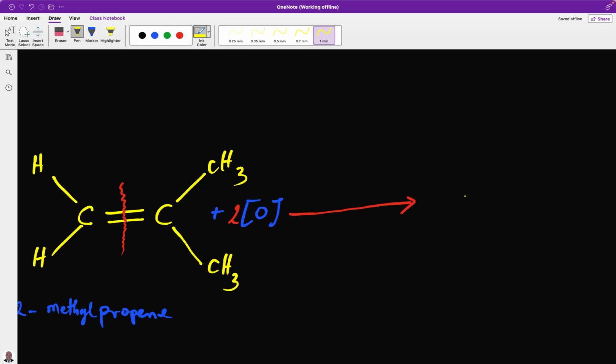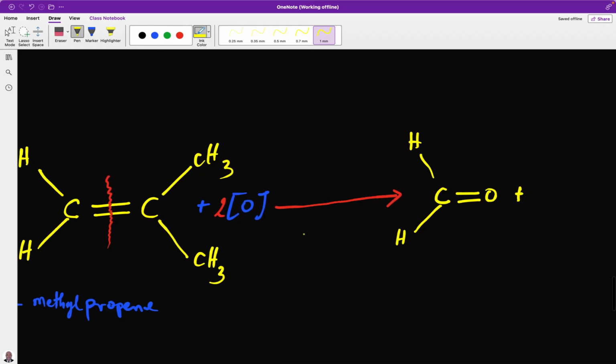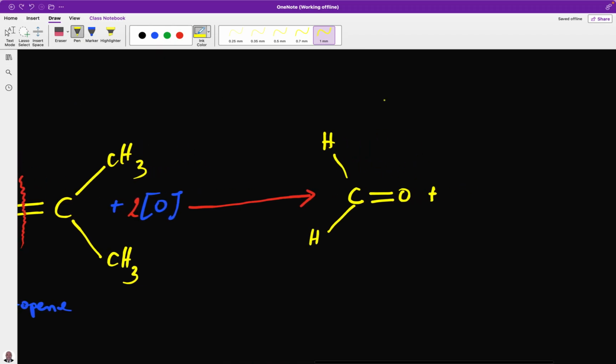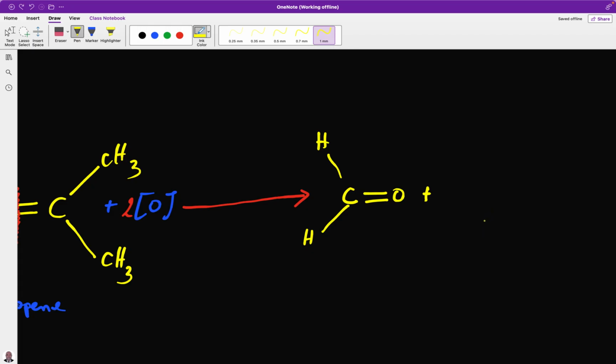We will have this carbon here with the 2 hydrogens, plus the other carbon, plus this other one.